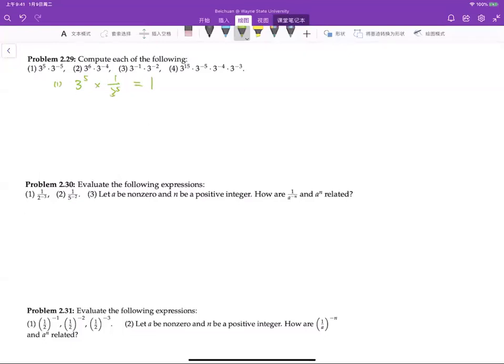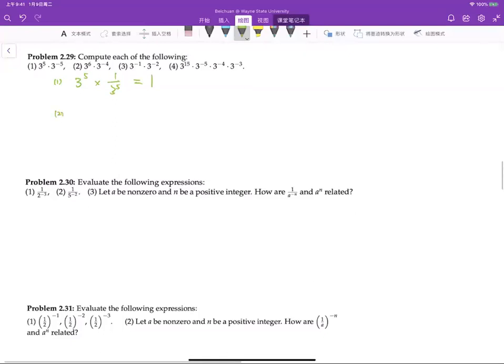And then number 2 is 3 to the 6th times 1 over 3 to the 4th, which is 1 over 81, and then you just multiply that, which is 36 over 81, and it can be simplified as 4 over 9.